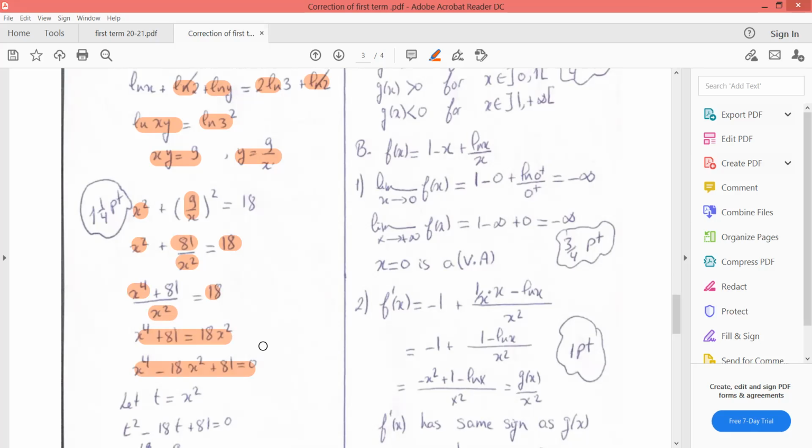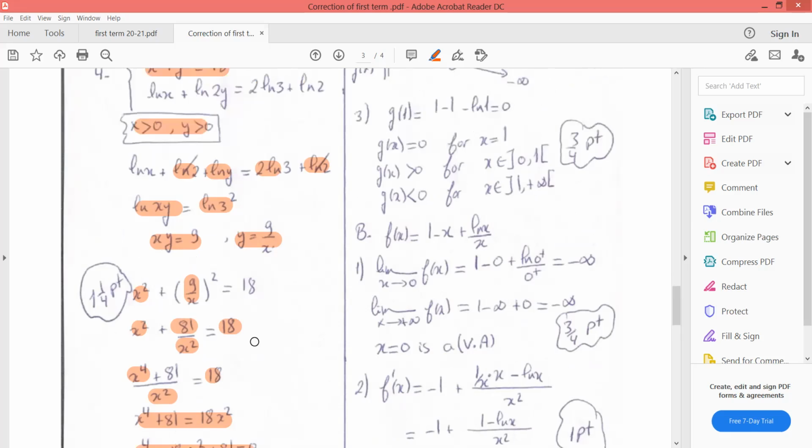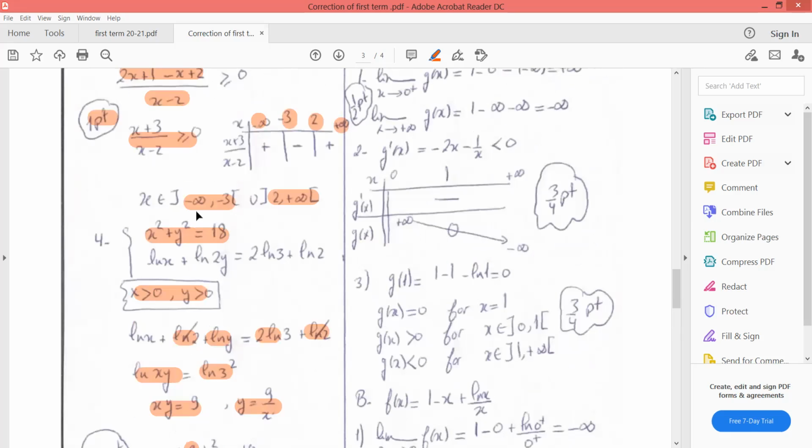So I will repeat how to solve this. Here we have two equations with two unknowns, but the first equation is independent of ln. The second equation contains ln, so I have to remove the ln.